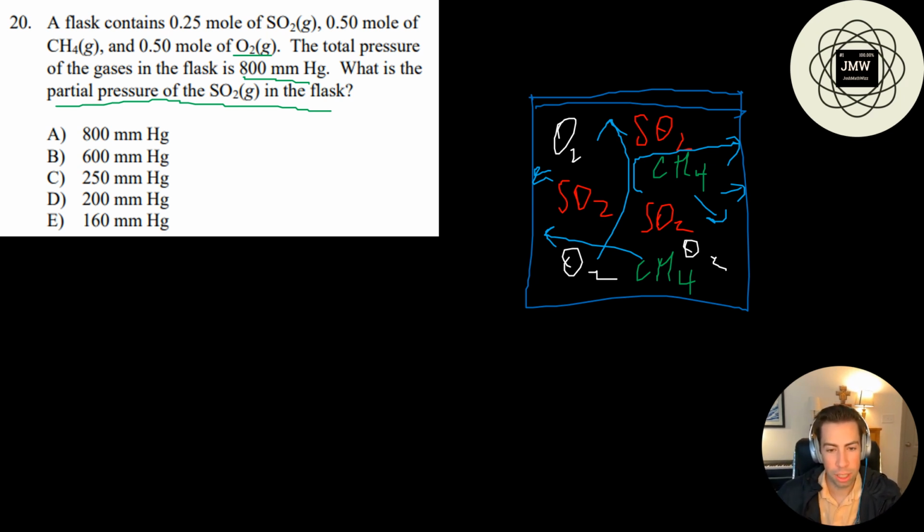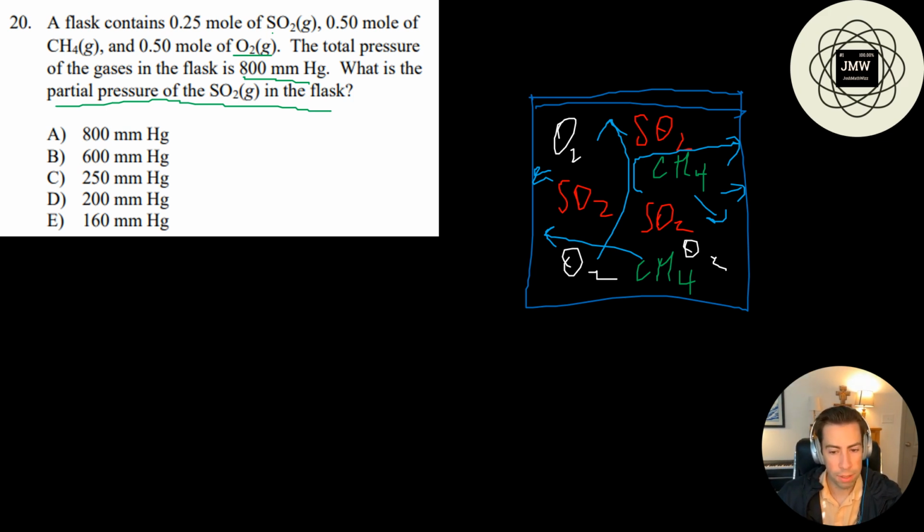Basically, if I have a lot of oxygen, you would expect that oxygen is going to contribute more to the pressure than a molecule that's less abundant. Obviously, the size and the mass of the molecule also matter, so that's why we're going to use moles. Hopefully that makes sense. Again, if you have any questions, feel free to comment below and I can go into more detail if needed.